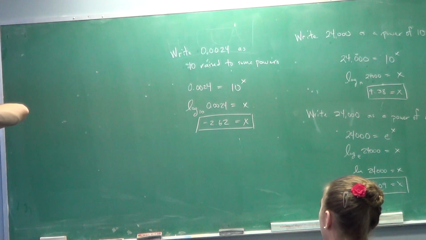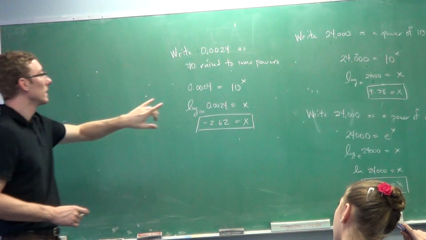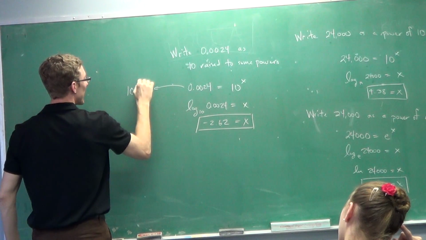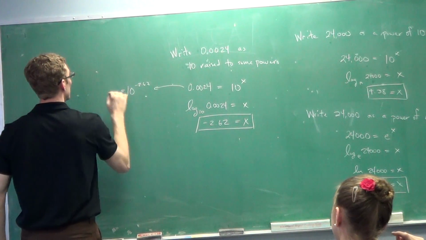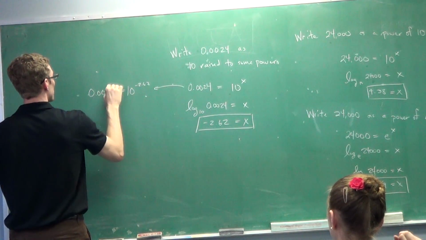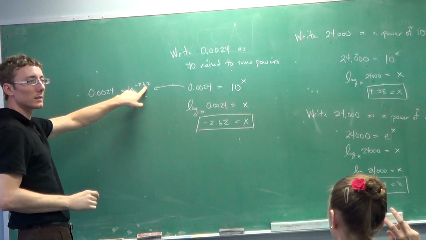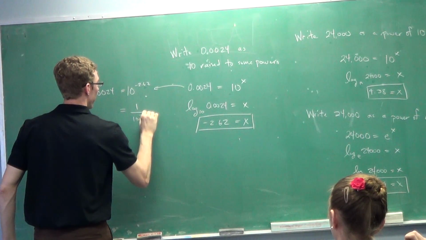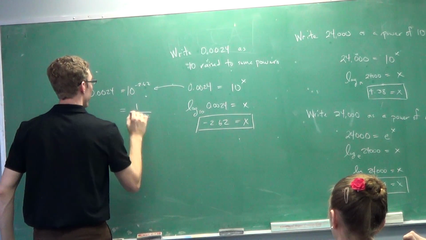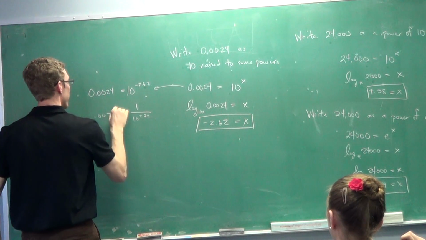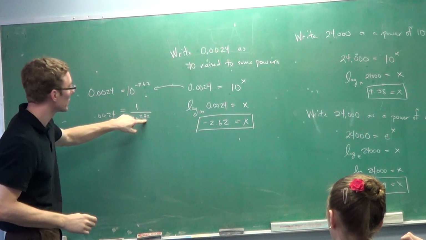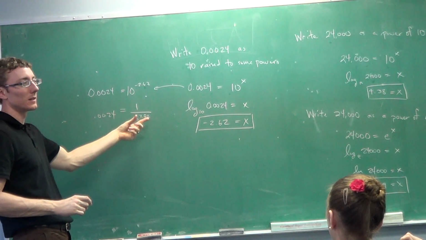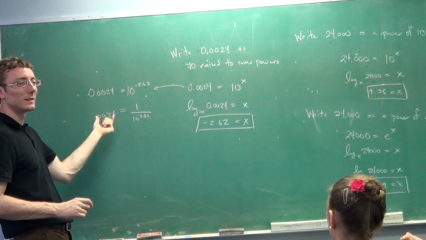Does this make sense? Yes. Let's go back here and say 10 to the -2.62 power equals 0.0024. What do we do with negative powers? Move them down to the denominator. So if I had 10 to the 2.62 power in the denominator, I'd have a really tiny number.